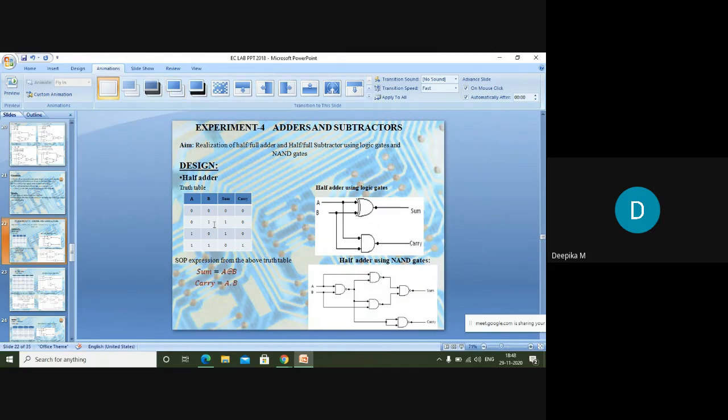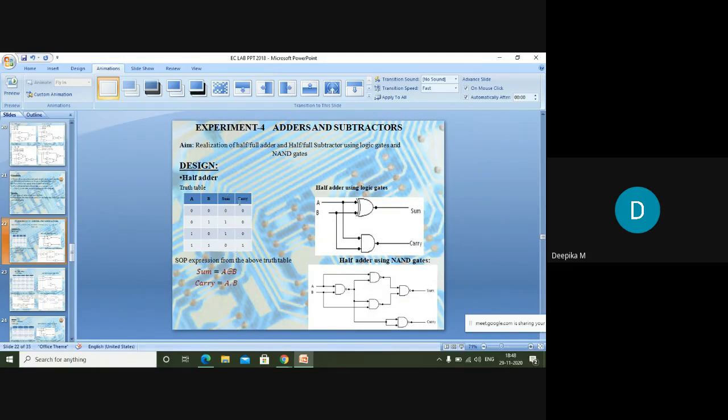So how do I write this sum term and carry bit? You can see here we have to look at the sum column. If I look at the sum column, where do I see 1? Here, in the second row and the third row. So this is the sum term, and where do I get this column?